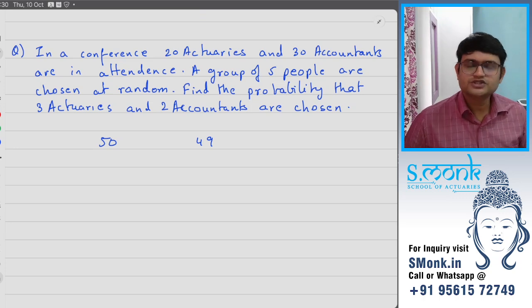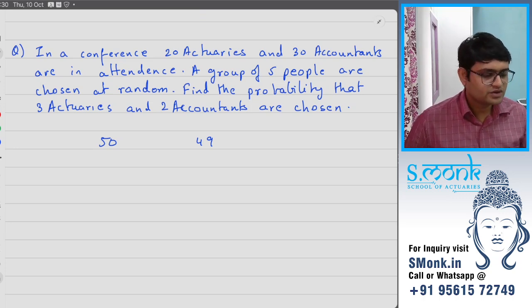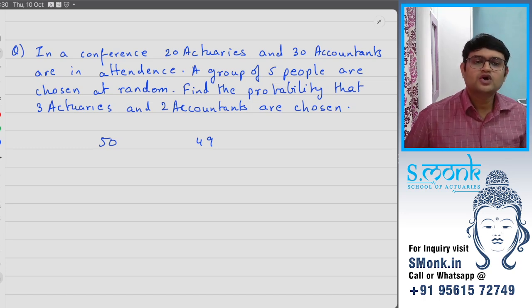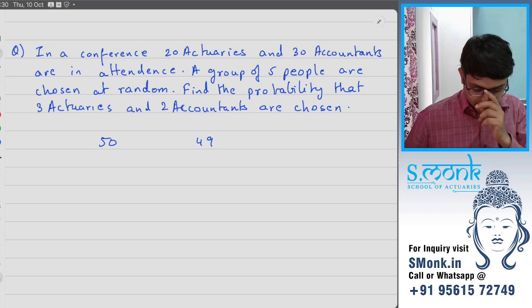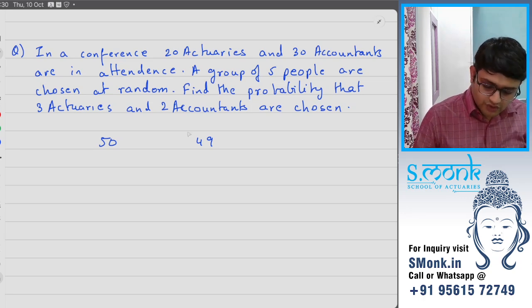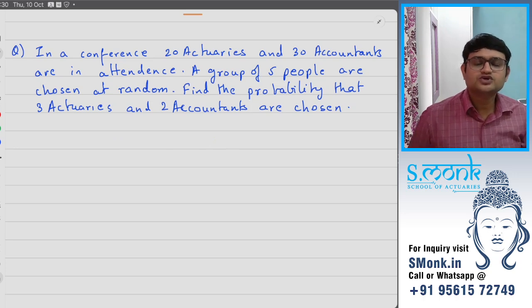So in such questions where we are talking about human beings or livestock, choosing a group at random, we will always have a case of without replacement. So when I'm choosing, the probability is going to change. So these are dependent on each other.